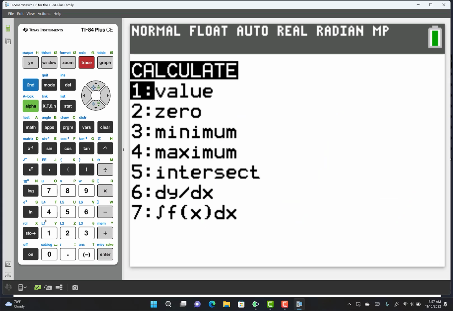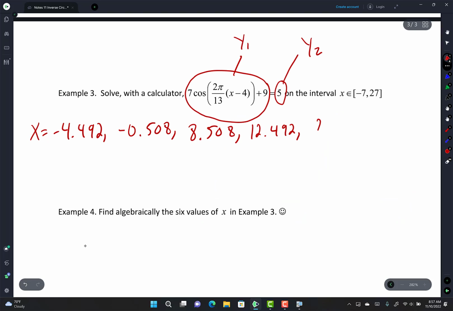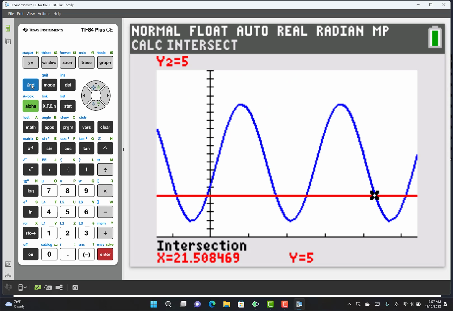Second calculate, number 5, enter, enter. We got 2 more. 21.508. And one last one. Second calculate, number 5, enter, enter. 25.492.